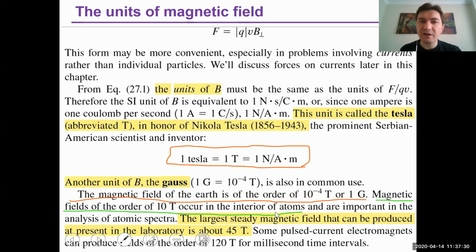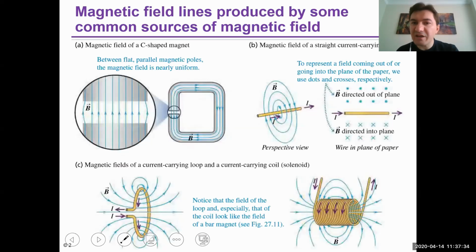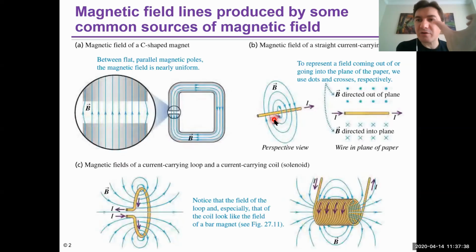So what about the direction of that magnetic field, which is presented here? If you have current like this, just use your right hand, okay? The thumb will show you the direction of the current, and the direction of the fingers will show you the direction of the magnetic field, okay?